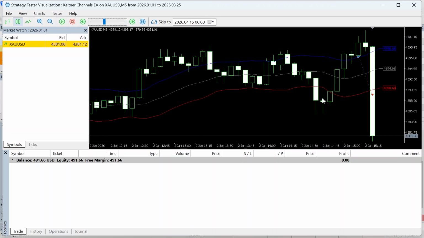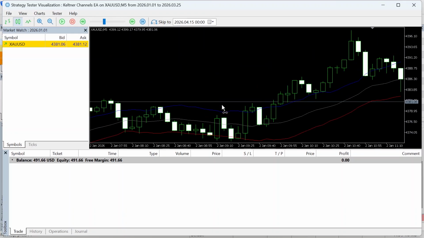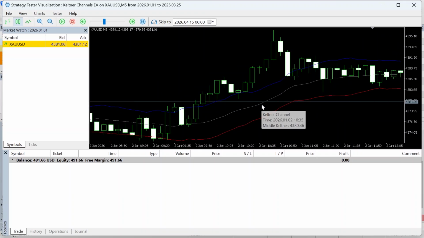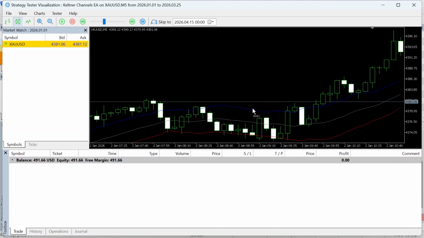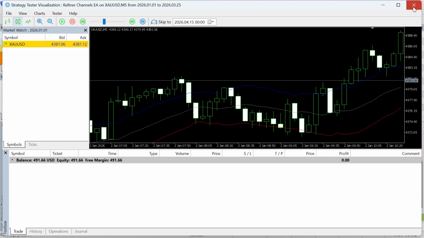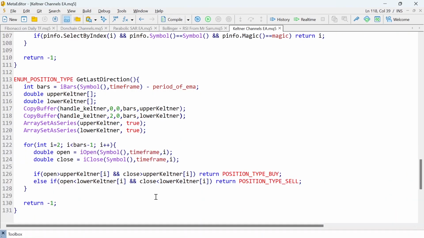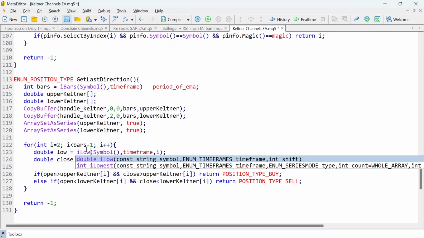You can see that here we had a candle that opens and closes below the lower Keltner line, and here the candle opens and closes above the upper Keltner line, but of course we were knocked out. So maybe what we should have done is, instead of saying closing and opening, why not just say when it is touching? So let me quickly do that. The last direction should be given not just by the opening and closing, just touching is fine. So I'll change this to low, which is high low.